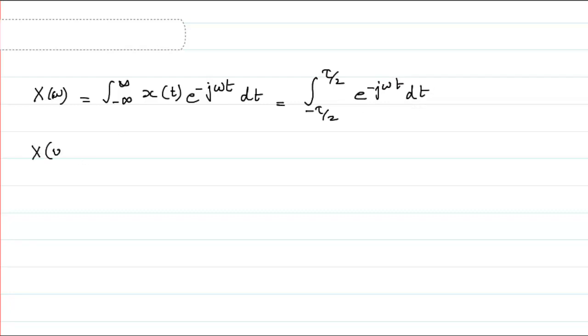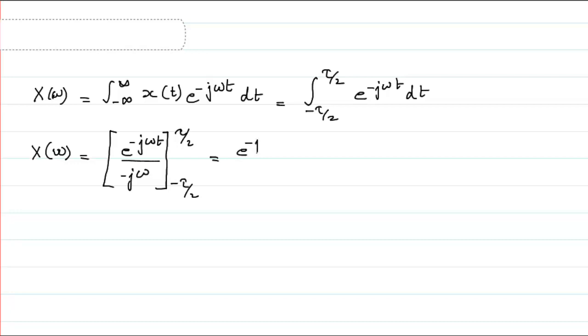X of omega, the integration will be basically e raised to power minus j omega t divided by minus j omega, with the limit tau by 2 and minus tau by 2, which comes out to be e raised to power minus j omega tau by 2 minus of e raised to power minus j omega minus tau by 2.